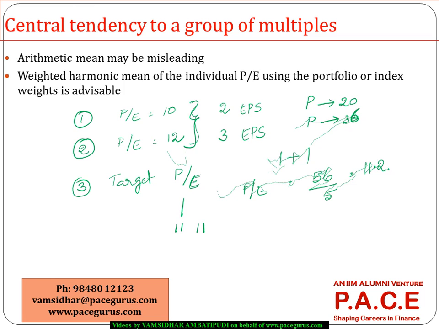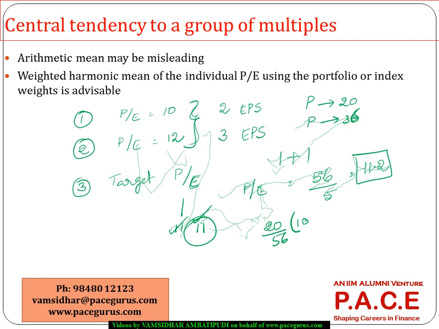This should be my combined P/E ratio rather than 11, which is given by the pure arithmetic average, or the 11 that comes through the median-based approach, or even what people sometimes suggest, a weighted average: 20 by 56 times the P/E of 10, plus 36 by 56 times 12.